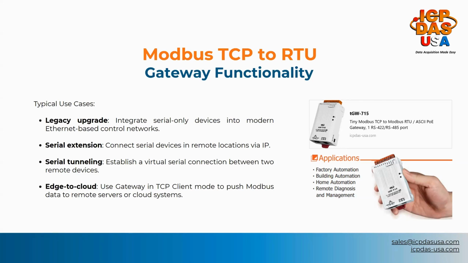Virtual serial links create a point-to-point connection between two distant serial devices as if they were directly connected. Edge to cloud communication: configure the gateway to operate as a TCP client, sending Modbus data from field devices to cloud platforms or remote servers for centralized monitoring and analysis.